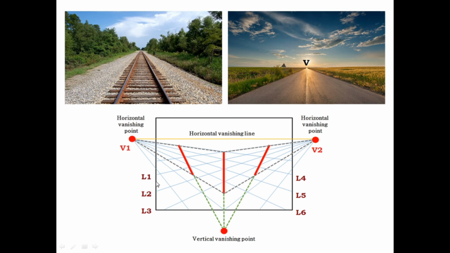These parallel lines L1, L2, L3 run parallel to each other on the same plane. Similarly, L4, L5, L6 run parallel to each other. If I stand at L5, I will face my vanishing point at V1, and if I stand on the L2 line, I will face my vanishing point at V2, right? These V1 and V2 are collinear vanishing points, and the line joining these collinear vanishing points is the horizontal vanishing line.